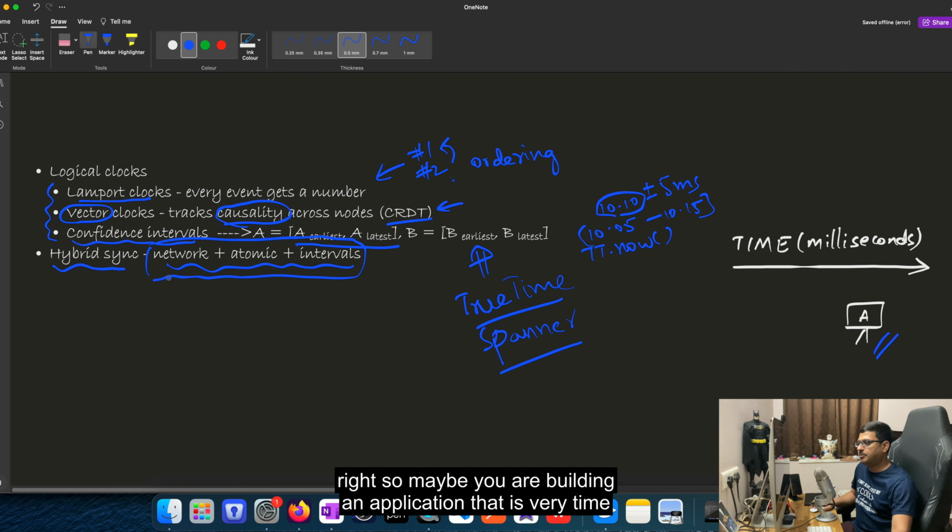Maybe you are building a very time-sensitive application, like a stock market application that requires you to be accurate to the ticker prices at the millisecond or microsecond level. We need to be aware of these clock drifts and make sure that the price data is not altered because of these drifts and so on.